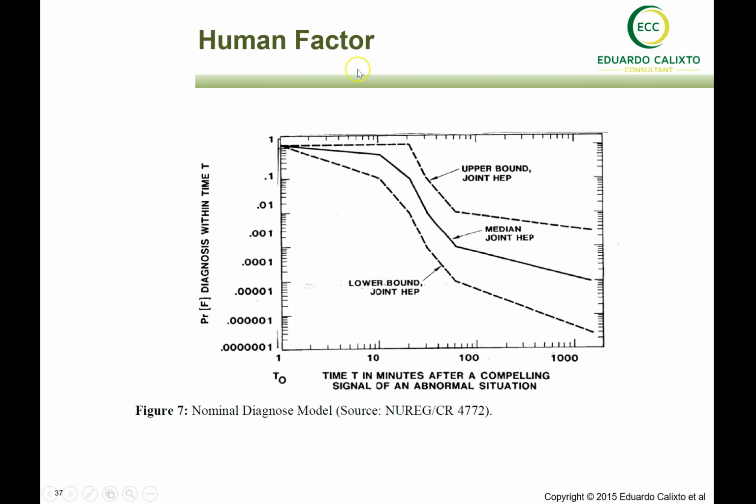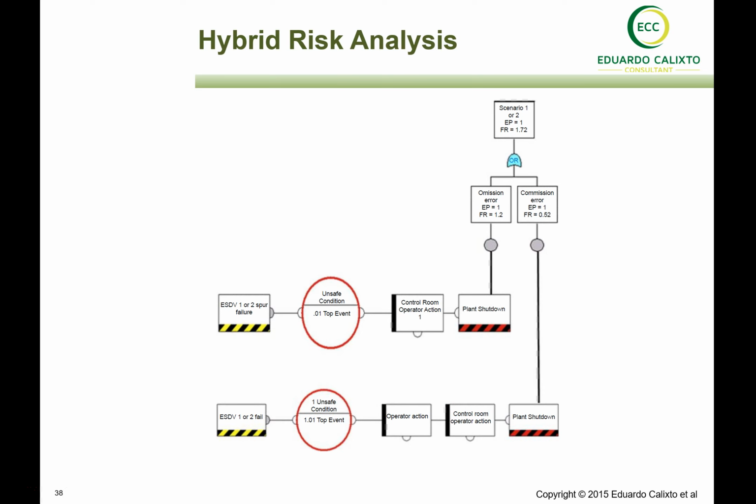So here's an interesting type of risk analysis concept applied for emergency. It defines the time to diagnose and detect some problems and the probability of having error. Beyond 10 minutes, the probability of a wrong diagnosis and an accident is very high. So we need to consider such a type of analysis when we perform risk analysis.